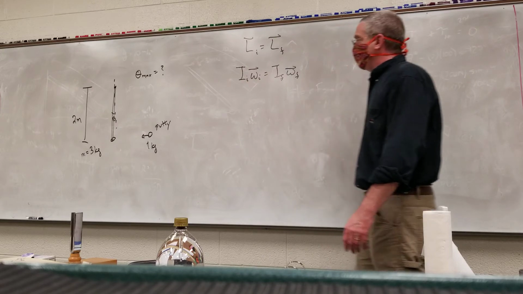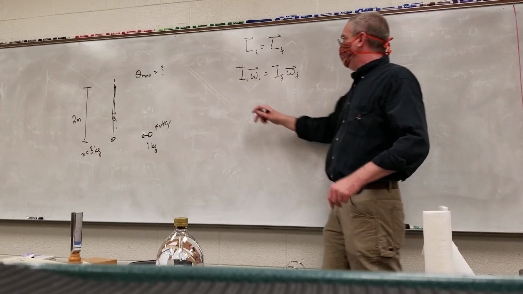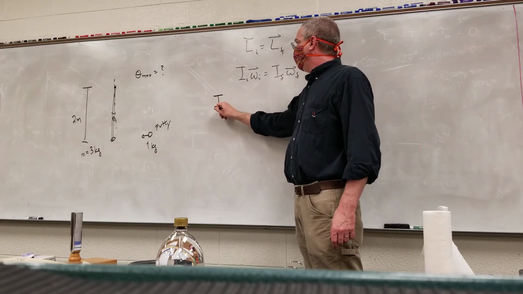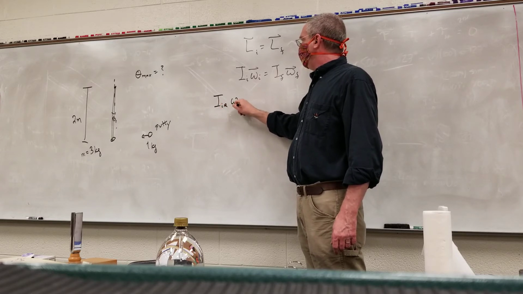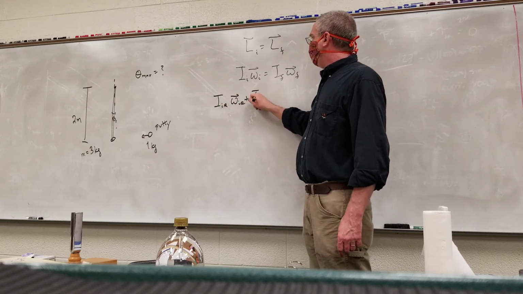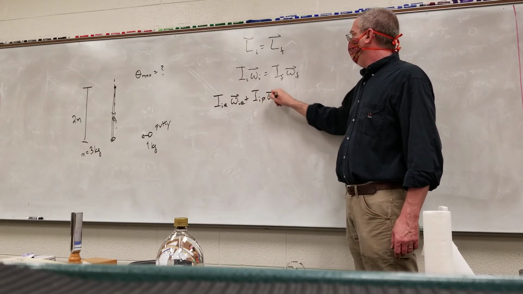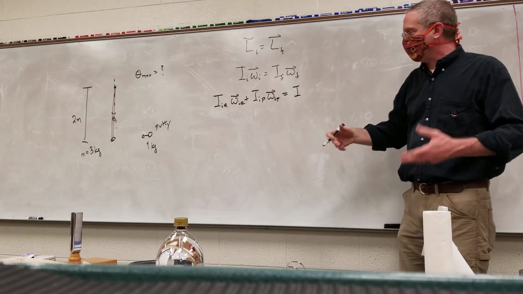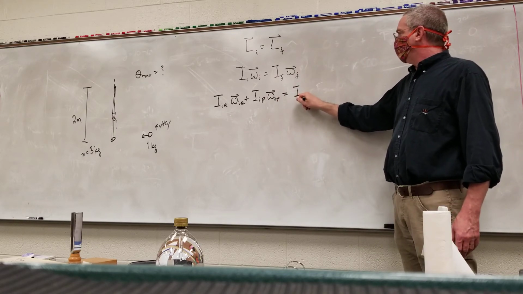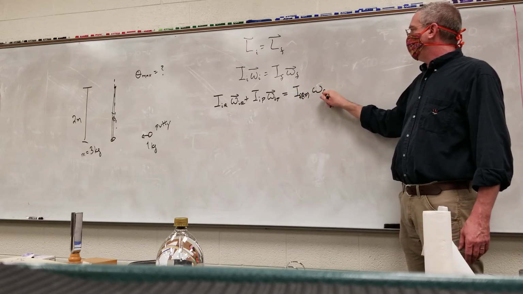They are vectors, the omegas are. I have two different objects here, so really it's the sum. So we have I initial rod, omega initial rod, plus I initial putty times omega initial putty, equals, well, it's one object now, it sticks to it, so I final rod and putty, omega final rod and putty.